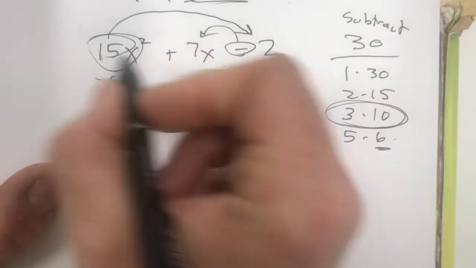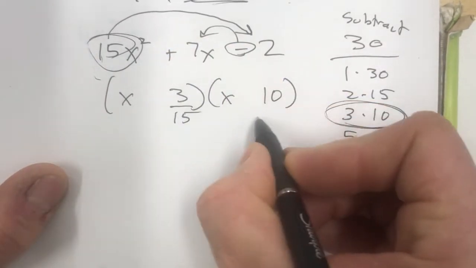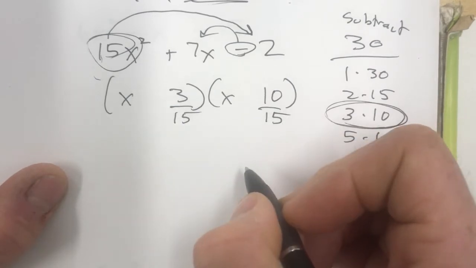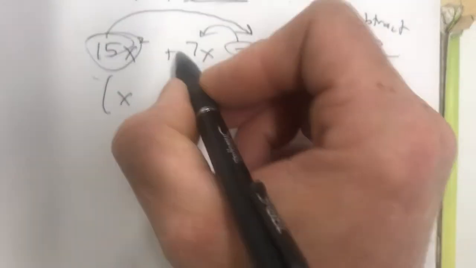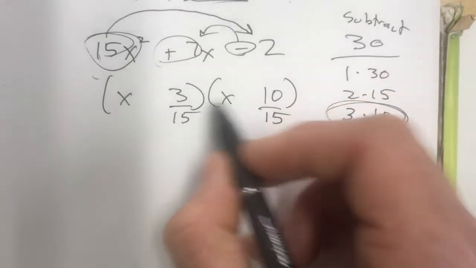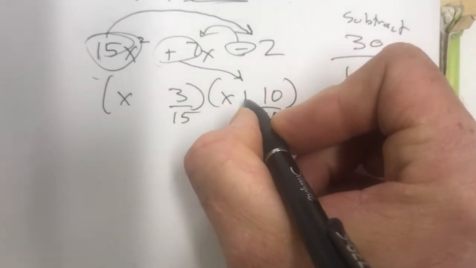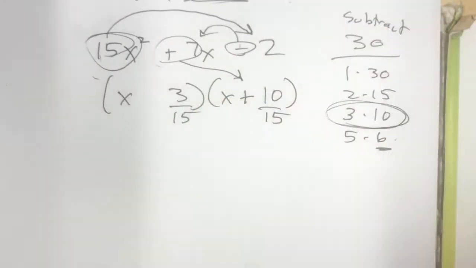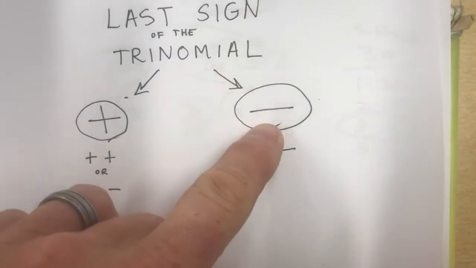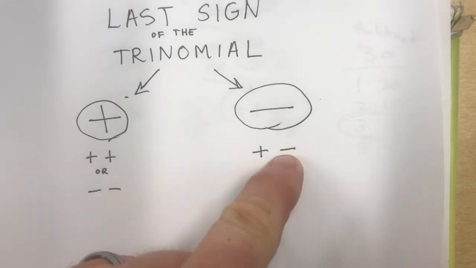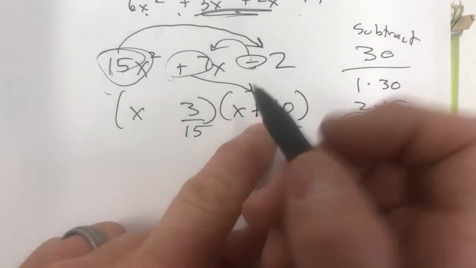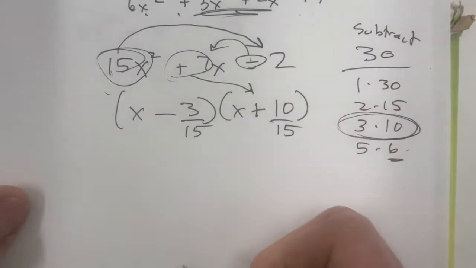But because of this 15, I've got to put both of these over 15. Now my signs, this sign always goes to the big one, which 10 over 15 is bigger than 3 over 15, so that sign's going to go here. And my last sign's a minus. Again, last sign being a minus, I have to have a positive and a negative. I've already got a positive, so there's a negative.